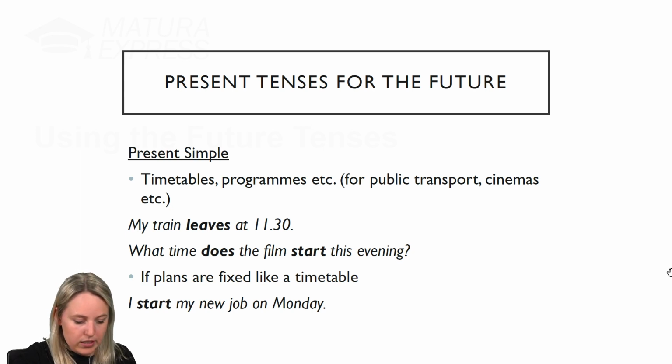We also use it if people have plans and they are fixed like a timetable. So, for example, I start my new job on Monday. It's sort of a timetable because you start on Monday. That's pretty sure, but you can also say I'm going to start my new job on Monday. That's fine as well. But if you want to have this sort of timetable meaning to it, go for the present simple.